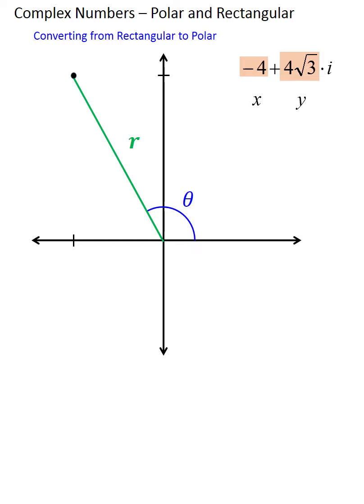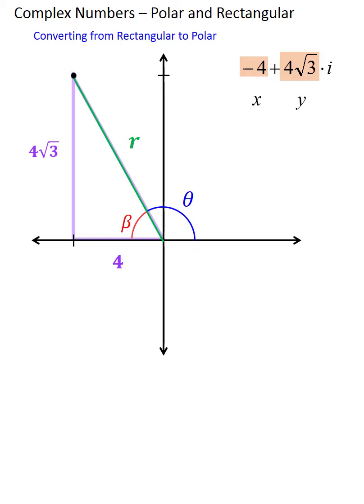Now, to go about finding theta, I think it might be easier to make a triangle here and find the angle beta instead. If I can work within this purple triangle to get r and beta, then I'll know theta, and I'll know everything I need to know about the polar form of this complex number. Now, since we know the x and y coordinates, we know these lengths here.